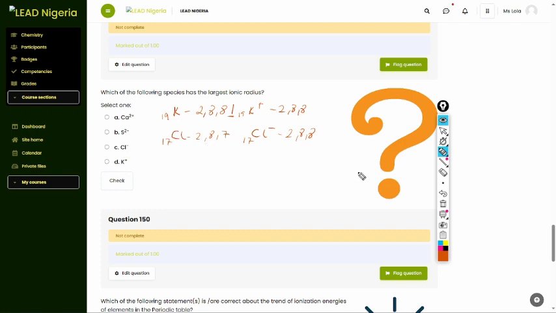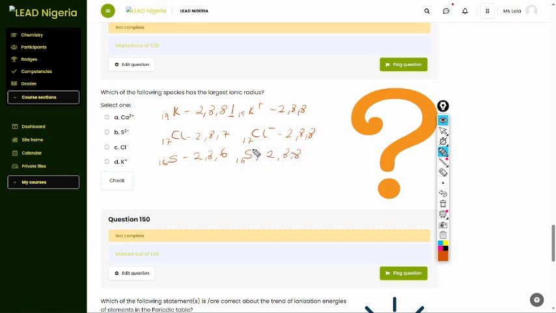Okay, so it means that the answer is between sulfur and chlorine. Now for sulfur, it gains 2 electrons, while for chlorine it gains 1 electron. The atomic number of sulfur is 16. That's 2, 8, 6. Okay, so when it gains electrons, it becomes 2, 8, 8.